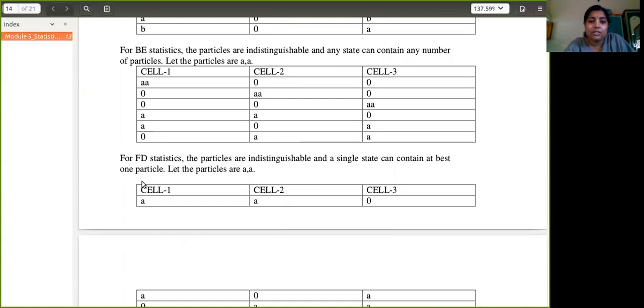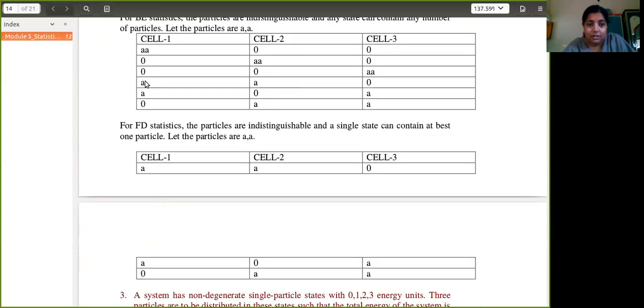Further modification is done in Fermi-Dirac statistics. What is the difference between Bose-Einstein and Fermi-Dirac? Fermi-Dirac statistics means the particles are fermions and they follow Pauli's exclusion principle, which means that one cell can contain a maximum of 1 particle, not more than 1. That is why the double-filling states, that means cell 1 having AA, are absent here. So the first 3 states of Bose-Einstein will be missing in the case of Fermi-Dirac.